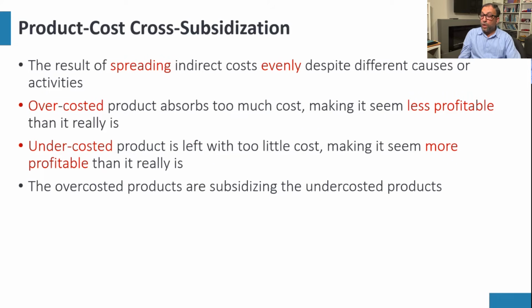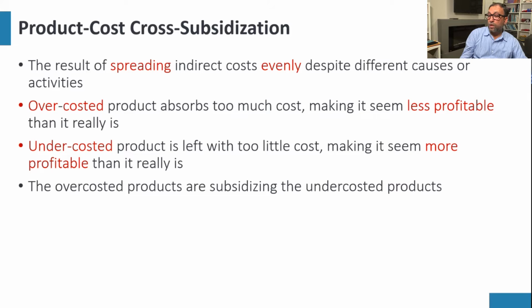And if the product is overcosted, it seems to be less profitable, but in fact it is. So that's why it is important to be careful with overcosting and undercosting. An undercosted product is left with too little cost, making it seem more profitable than it is. So the overcosted products are subsidizing the undercosted.